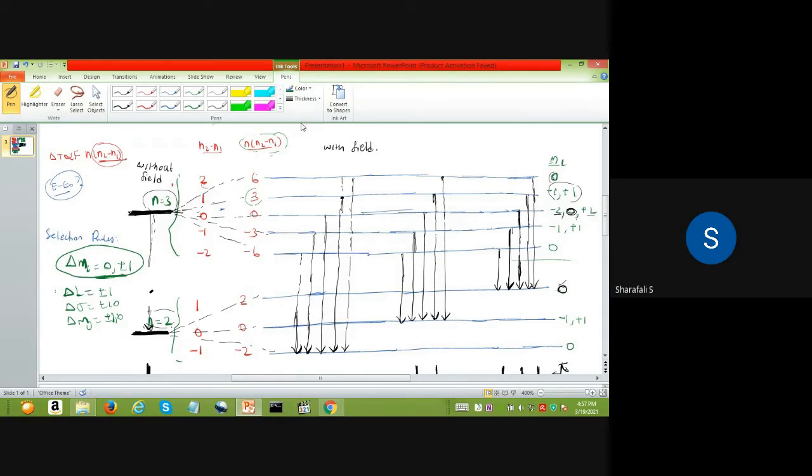Just consider L equal to plus or minus 1. Others also will come, all selection rules will come accordingly. If you consider LS coupling, then we have to consider all the transitions.